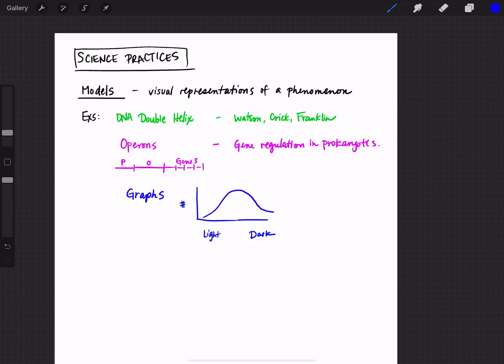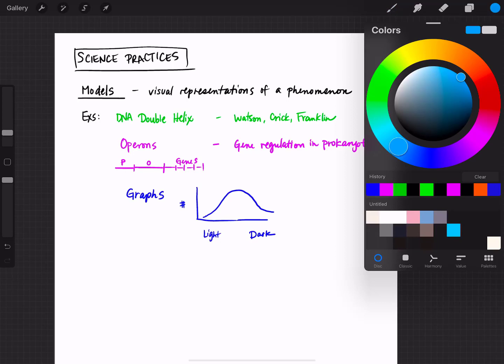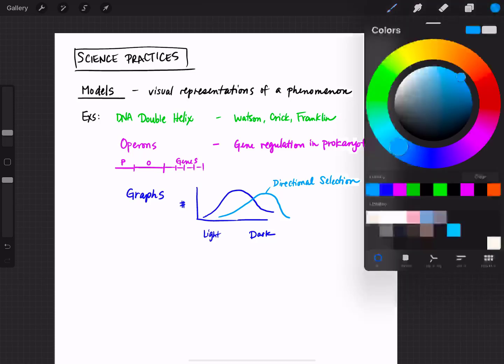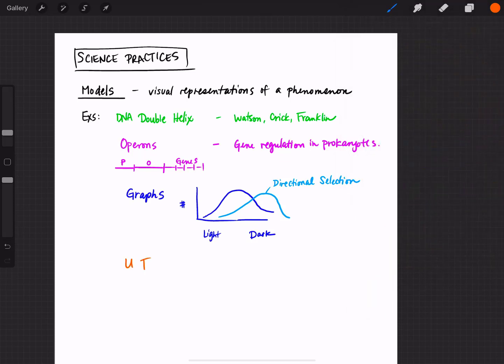So in evolution, for example, the industrial melanism phenomenon, where you have a population of light and dark moths with fewer dark moths, but over time, as the trees became darker, we found something called directional selection that selected the darker moths. So this would be a graphical model representing what happened to the moth population.